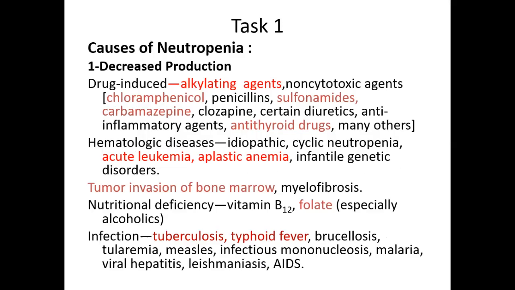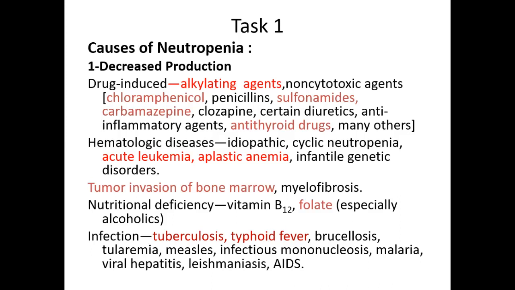Of course, neutropenia has many causes. Either there's decreased production of neutrophils. The important cause is drug-induced, which occurs after using alkylating agents, cytotoxic drugs, and other chemotherapeutic drugs.